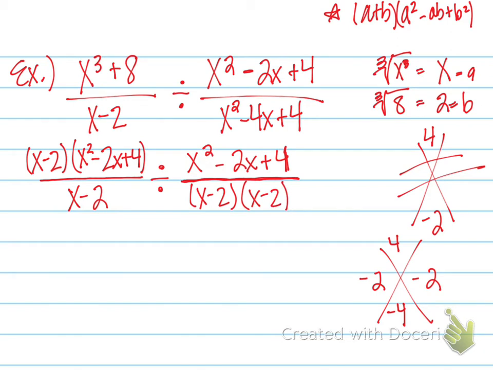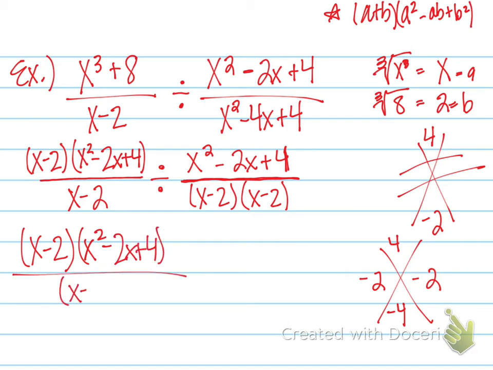Now, the second step formally says rewrite the problem as multiplication by the reciprocal. What did I tell you to remember though? Keep, change, flip. This is for dividing problems only. So we keep the first set: x minus 2, x squared minus 2x plus 4 over x minus 2.